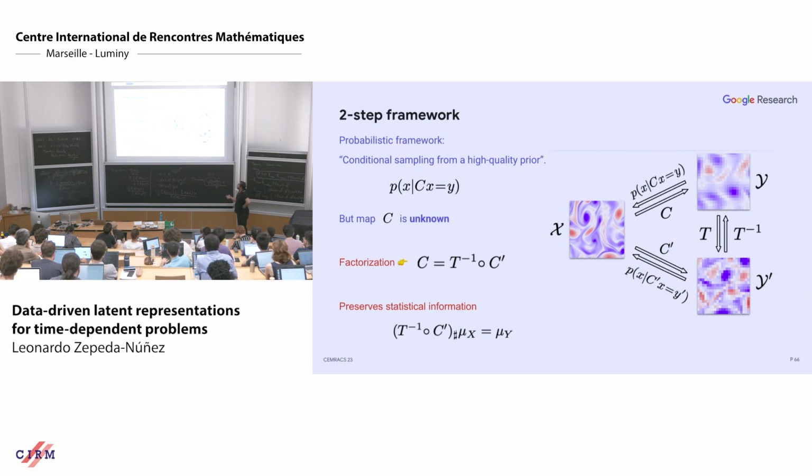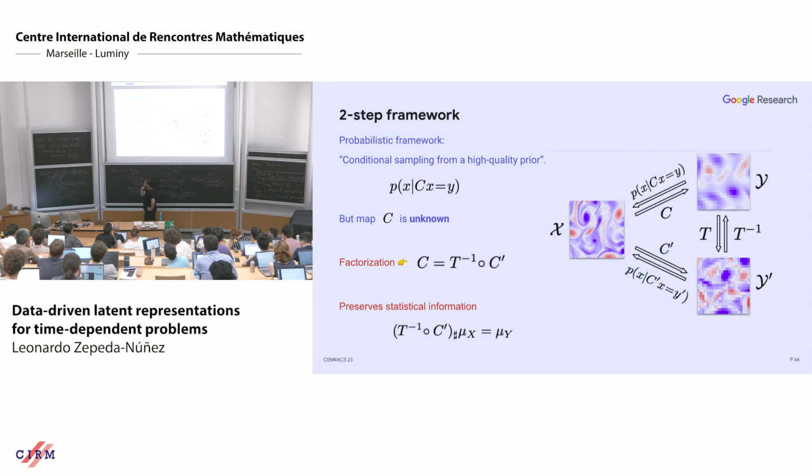So there should be a way to go from the good numerics to the physical problem, and from the bad numerics to the physical problem, so there's a map that connects those two things. It's unknown, but you think there is a map. We call this map C. C takes an X and connects it with something that is low resolution. The problem with this map C is that it is unknown.